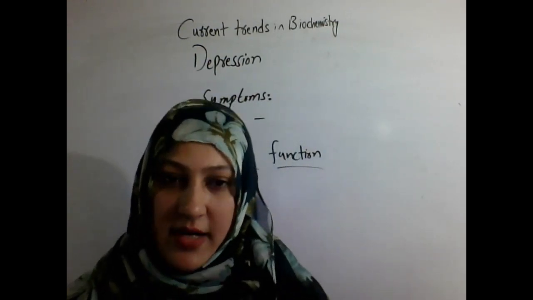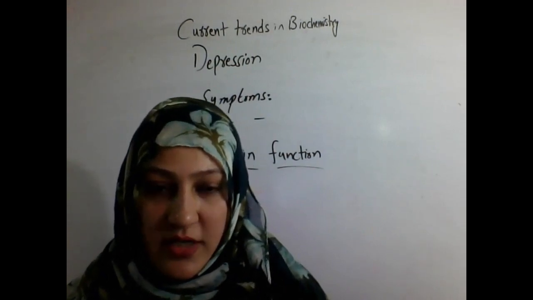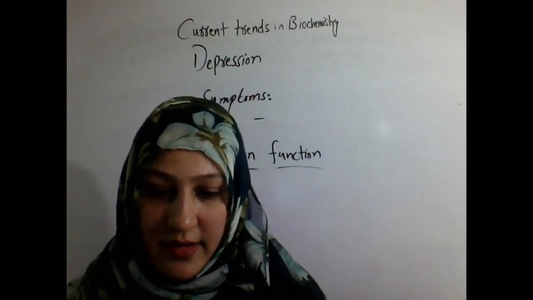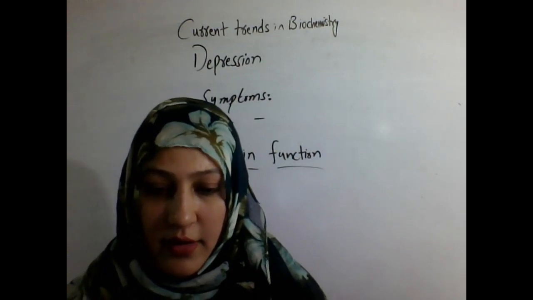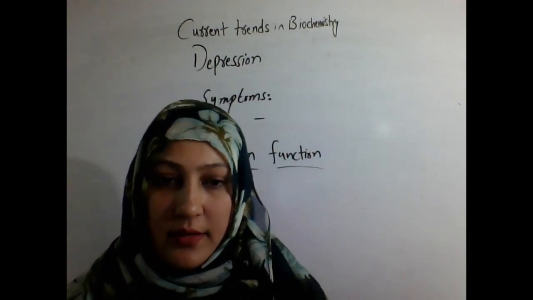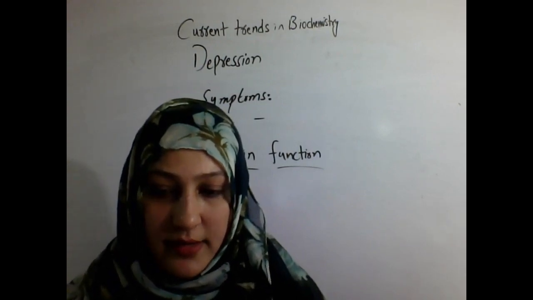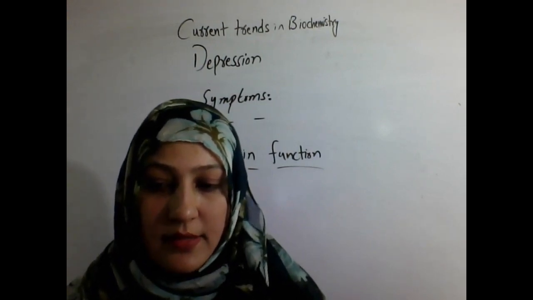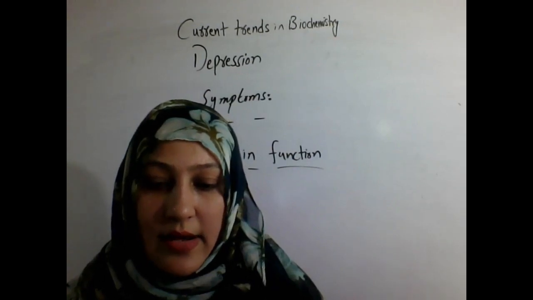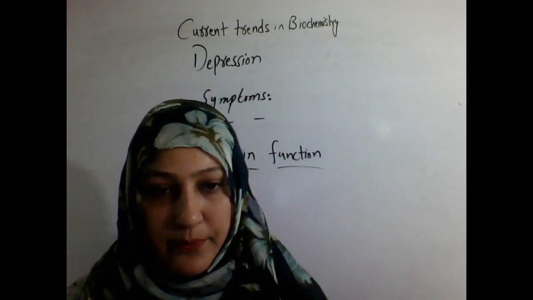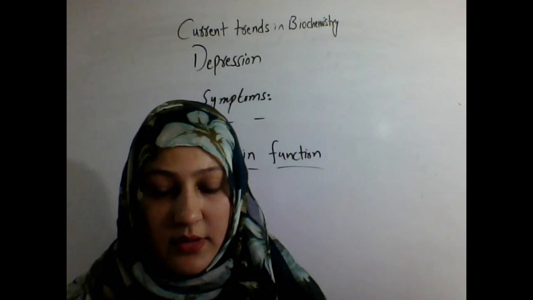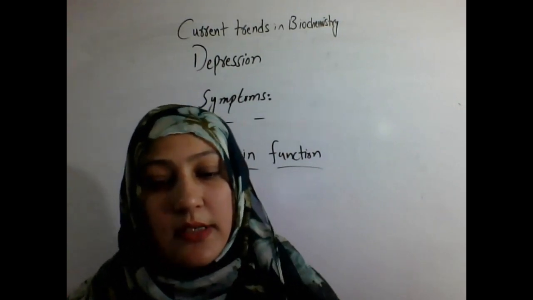The hypothalamus of the brain is damaged due to the changes in behavior or moods. In case of feelings of sadness, restlessness, hopelessness, the cortisol level of the hypothalamus is increased.